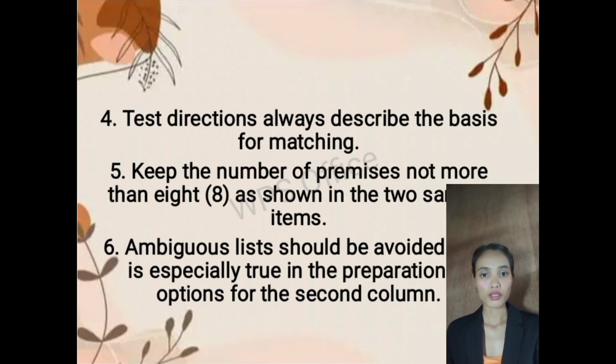Last is ambiguous lists should be avoided, especially through the preparation of options for the second column. There should be only one option appropriately associated with each premise, unless mentioned that an option could be used more than once, as mentioned in the fourth number.